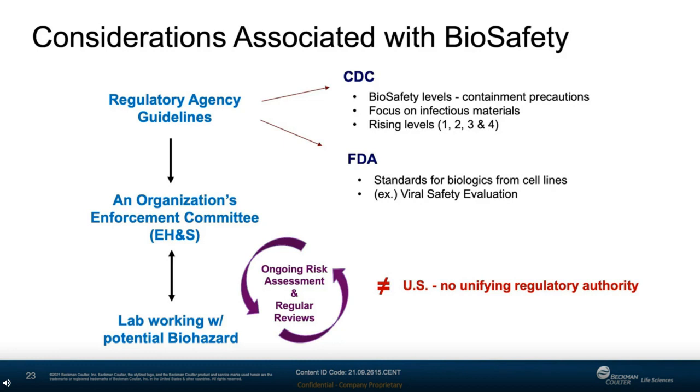Thus, in the U.S., regulatory compliance is comprehensive, but falls across multiple organizations, whereas in other regions of the globe, such as Europe, the approach is to maintain all regulatory command under one organization. However, at this time, that regulatory command is incomplete.